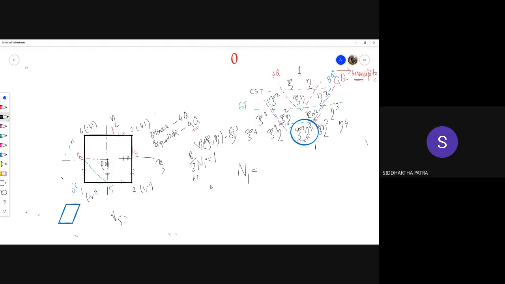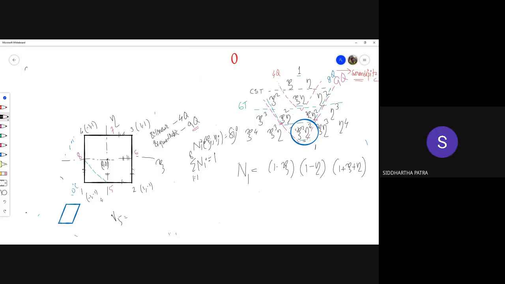So you see, the equation of the line 2, 3 is 1 minus xi. Line 3, 4 is 1 minus eta. And line 8, 5, what is the equation of line 8, 5? 1 plus eta plus xi.